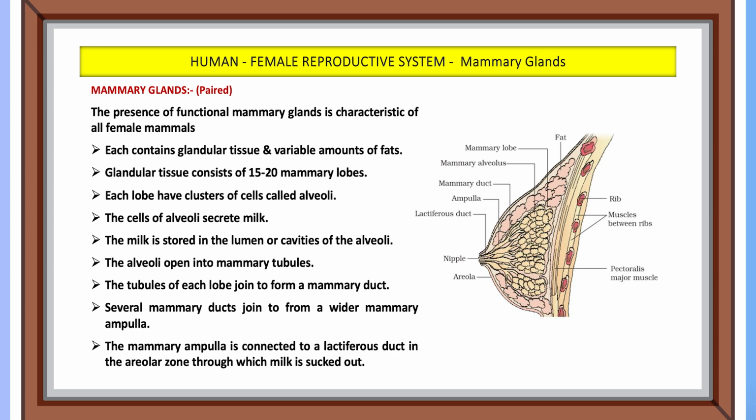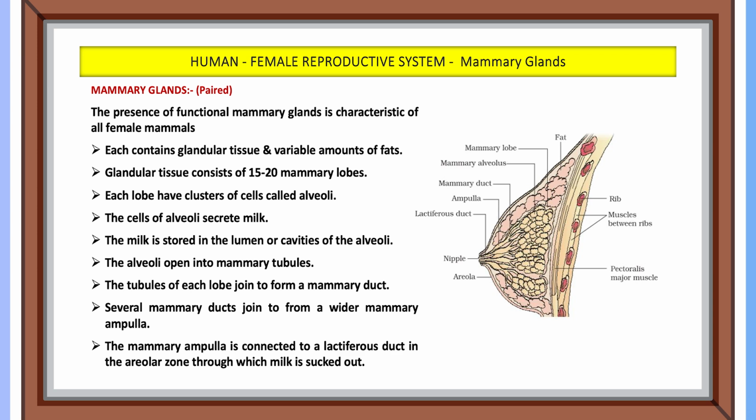The glandular tissue consists of 15 to 20 mammary lobes. Each lobe has a cluster of sacs called alveoli. The cells of the alveoli secrete milk. The milk secreted by the alveoli is stored in the lumen, or cavity, of the alveoli.